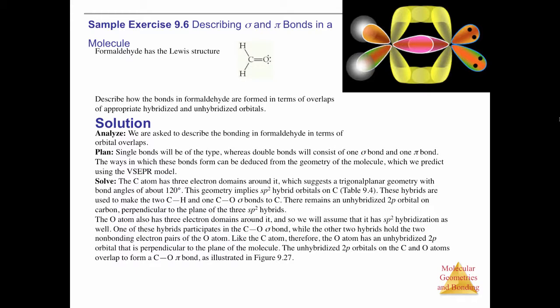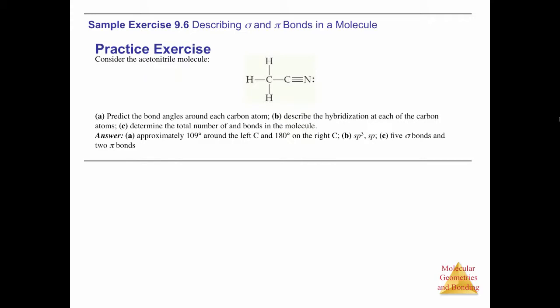The unhybridized 2p orbitals on the carbon and the oxygen atoms overlap to form a carbon-oxygen pi bond, as illustrated. Practice exercise: consider the acetonitrile molecule. Predict the bond angles around each carbon atom, describe the hybridization at each of the carbon atoms, and determine the total number of bonds in the molecule.